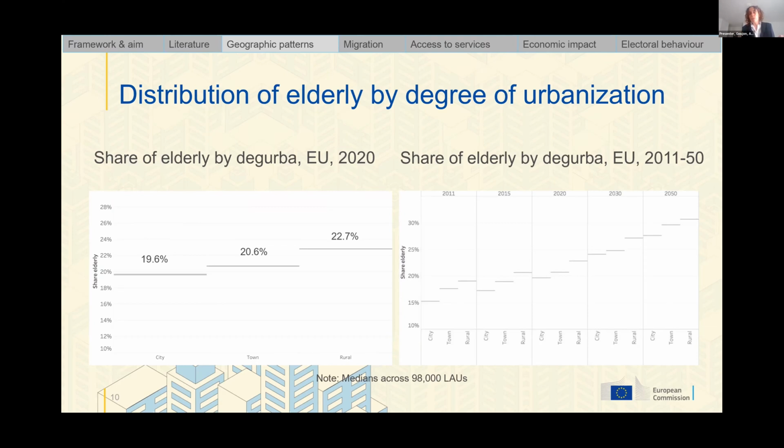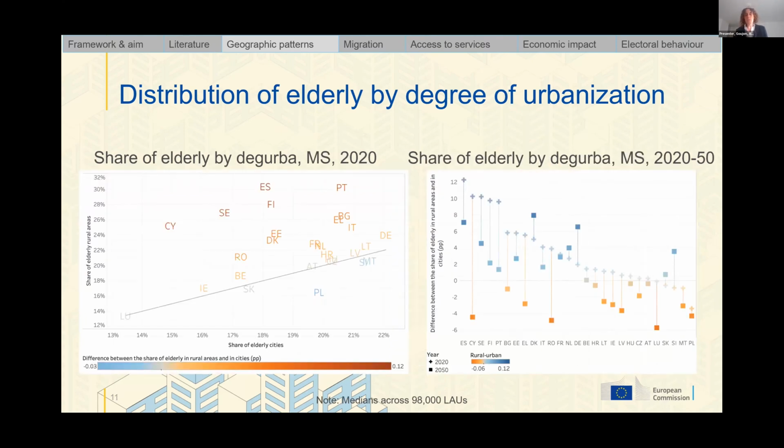This is not revolutionary, but it is one important conclusion of the report, because it has implications for policy: aging does not only happen in the rural world, and it will happen similarly in urban and semi-urban areas, and also at the same pace as projected. So this is quite important for the policy work of the European Commission.